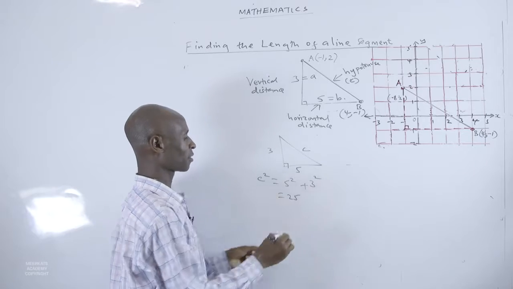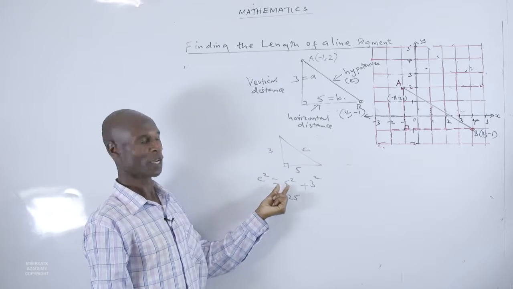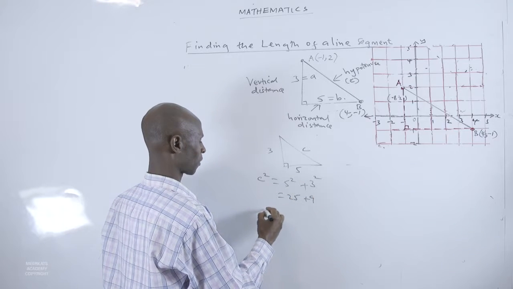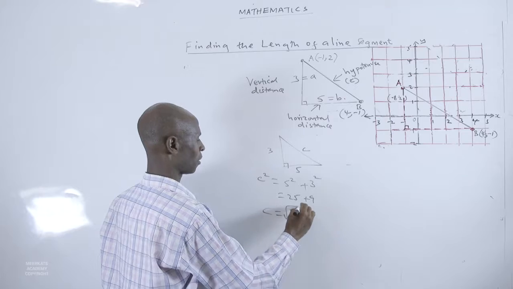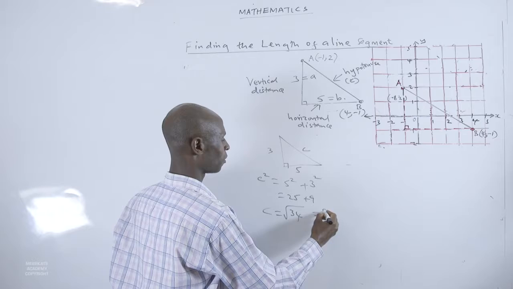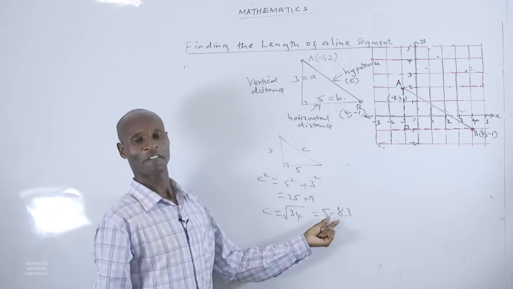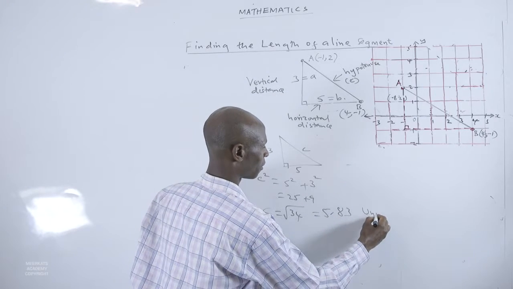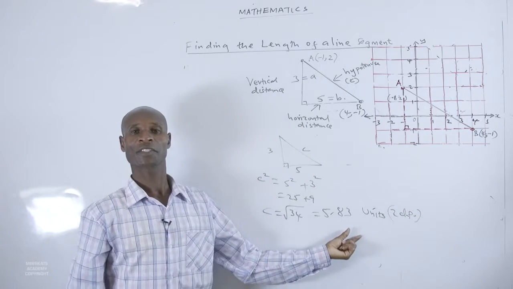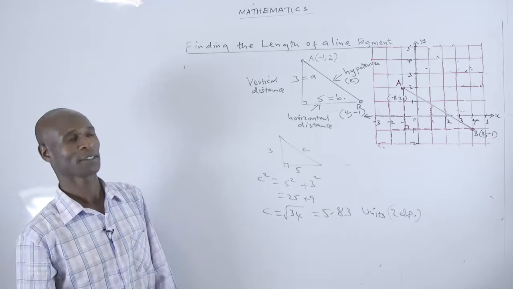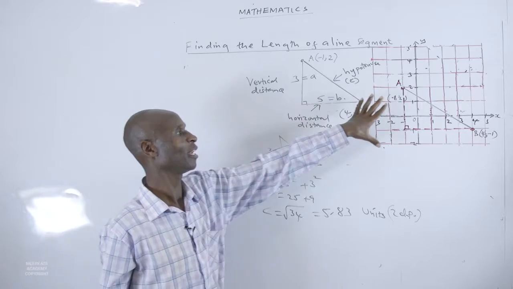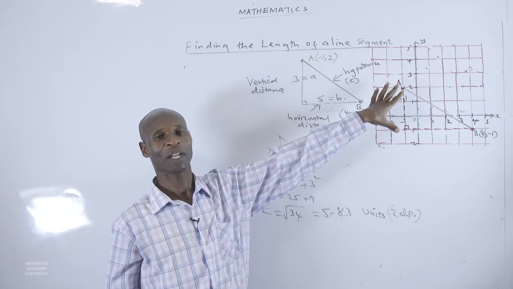Not minus, it's plus. So c squared is equal to 5 squared plus 3 squared. So c will be equivalent to square root of 34, which is 5.83 units corrected to 2 decimal places. So that's what we shall be using to calculate without necessarily plotting on a Cartesian plane.